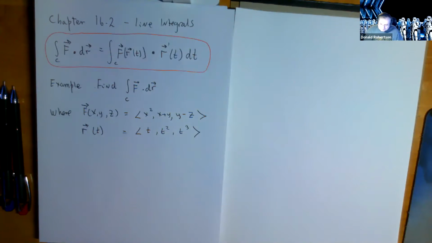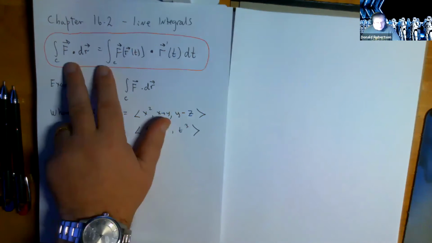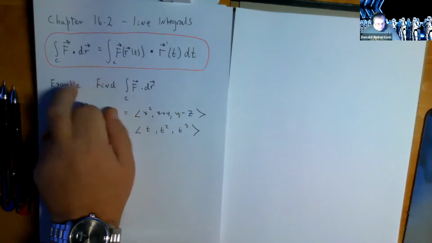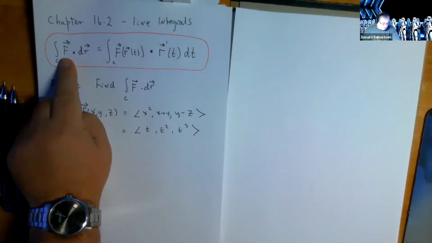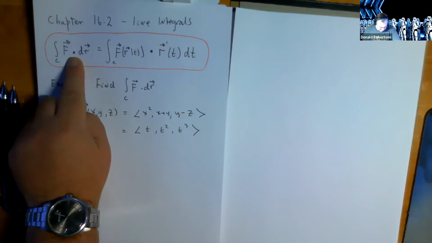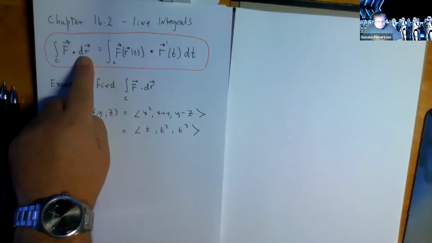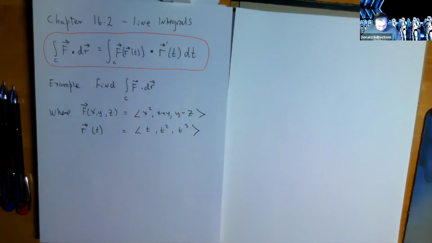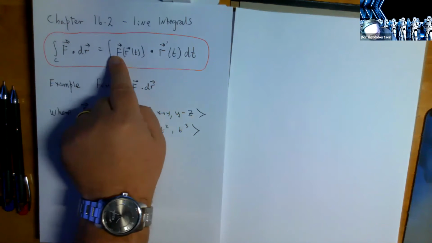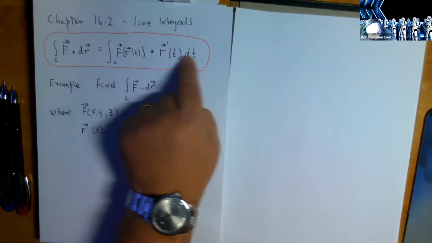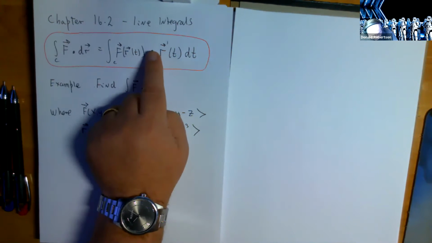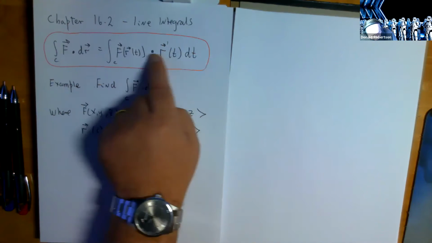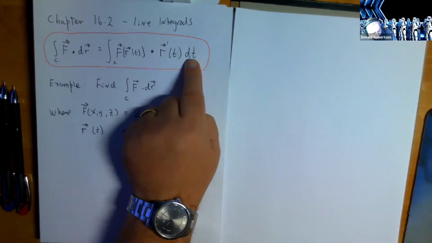We're going to look at a subgroup of line integrals, ones that look like this. So it's a line integral over a curve C of a vector field F, dot product with dr. And this is essentially the formula that you use to convert this thing into an integral in a single variable, an integral with respect to t.